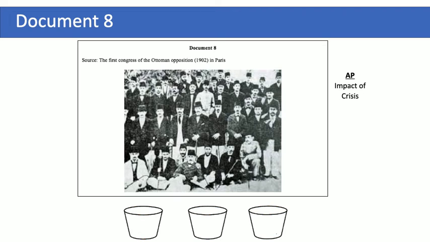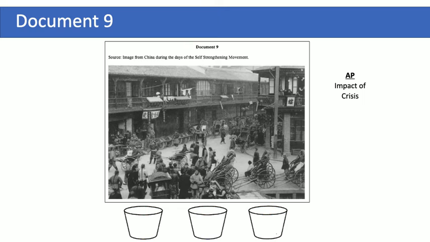I have a picture of the First Congress of Ottoman Opposition, 1902, Paris. Again, I use my outside information. These are the Young Turks, right? Because I know the Young Turk Party formed Western style. They formed in Paris. They weren't really young. These guys don't look young. Document 9 is an image from the days of the self-strengthening movement.